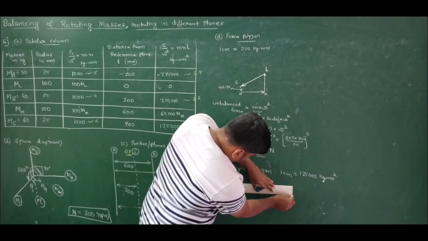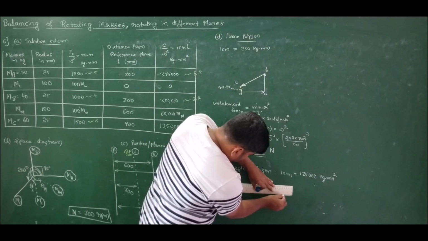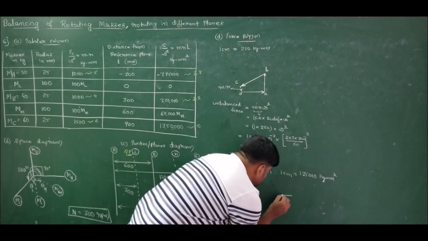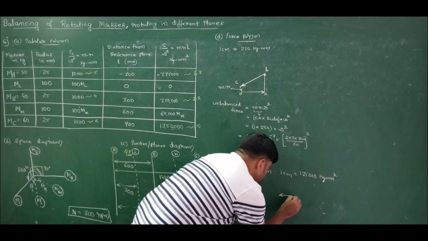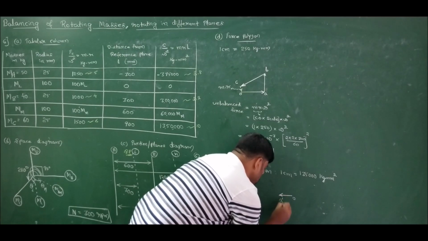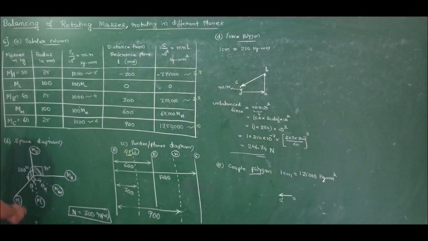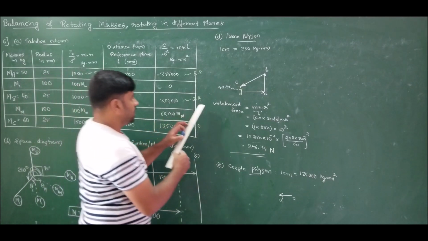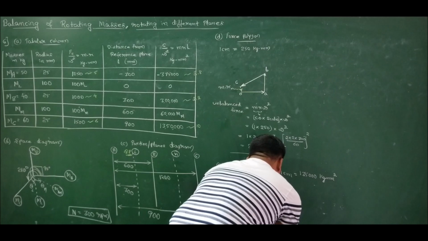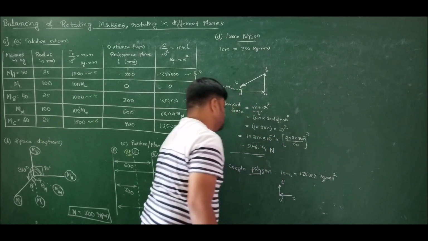I have drawn minus 2.8 centimeters. Let me call this A dash. Now we have 2.2 centimeters at an angle of 90, so at 90 degrees I draw 2.2 centimeters. I'll call this B dash.